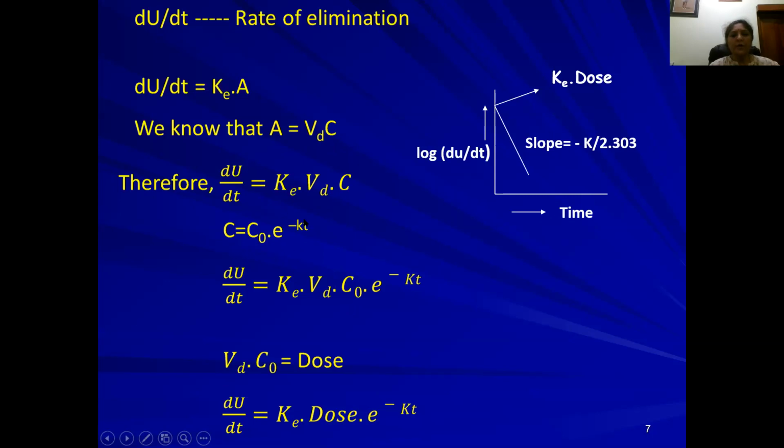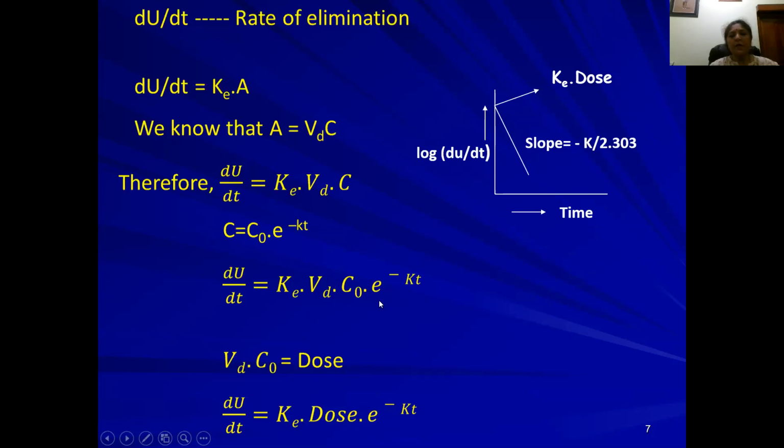So substituting this in this equation, we can write dU by dt is equal to Ke into Vd into C naught into e to the power of minus Kt. We know that Vd into C naught is equal to dose.